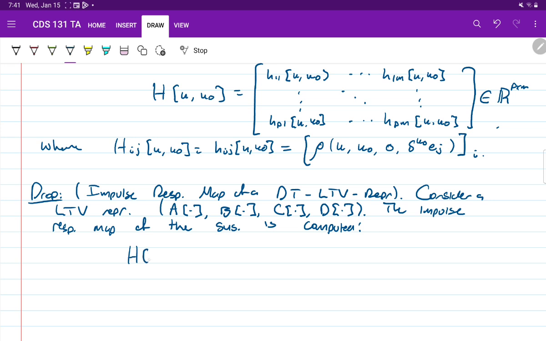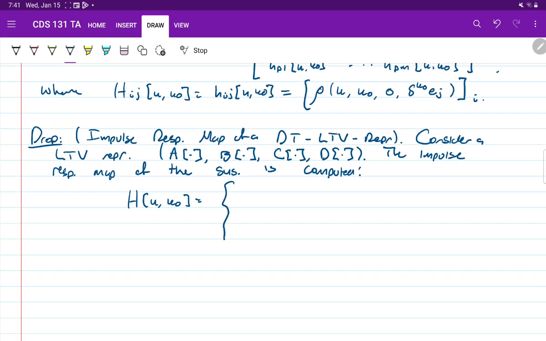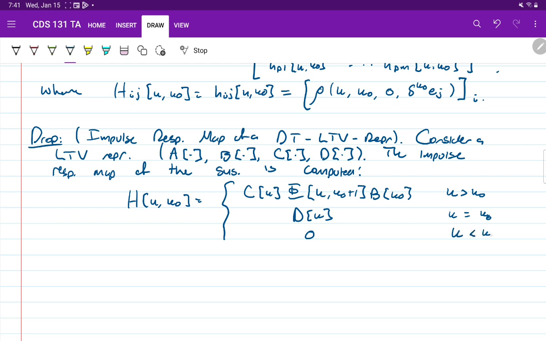So h of k, comma k naught, is equal to the following case-by-case function. We'll have C of k, phi of k, k naught plus 1, B of k naught, in the event where k is strictly greater than k naught. We'll have D of k in the event where k equals k naught. And finally, we'll have 0 in the case where k is less than k naught. So we have 3 different cases to evaluate here.